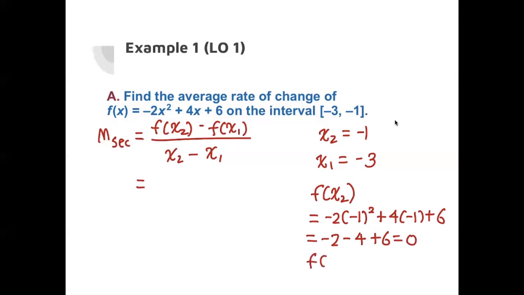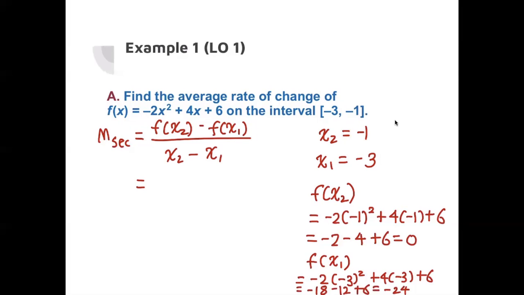Same thing for f of -3: -2 times (-3) to the power of 2 plus 4 times -3 plus 6. This would be -18, -12, plus 6, which would be -24.